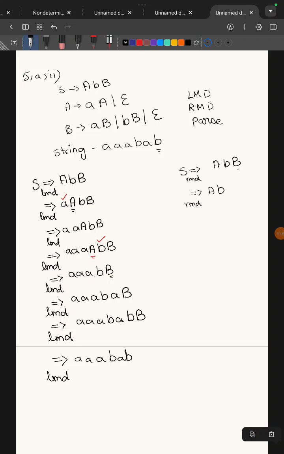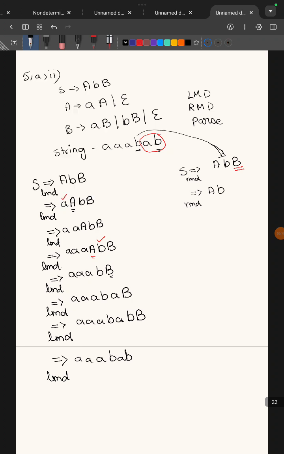After this B, this is the B you have here, right? So after this B, you are having this A B, right? That is what you are going to derive from this variable B part. So which is the symbol that we will be replacing first?